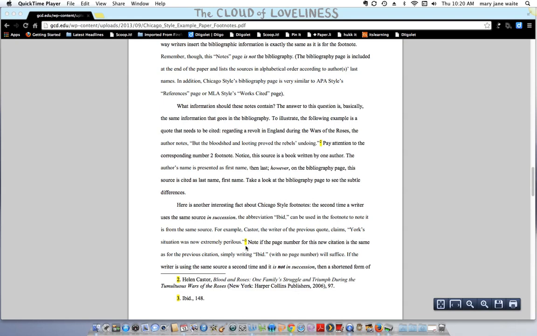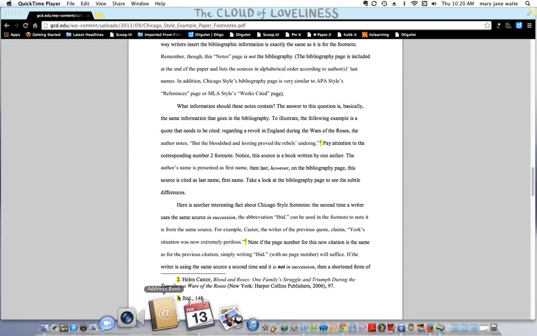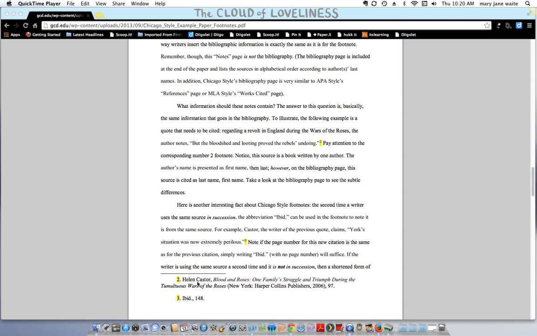Let's look at footnote number 3. It is not paraphrased information. It is a quotation from, who is it from? Ibid. What does Ibid mean? It means, in Latin, in the same place. And that means that footnote number 3 is identical to footnote number 2, the one preceding it.